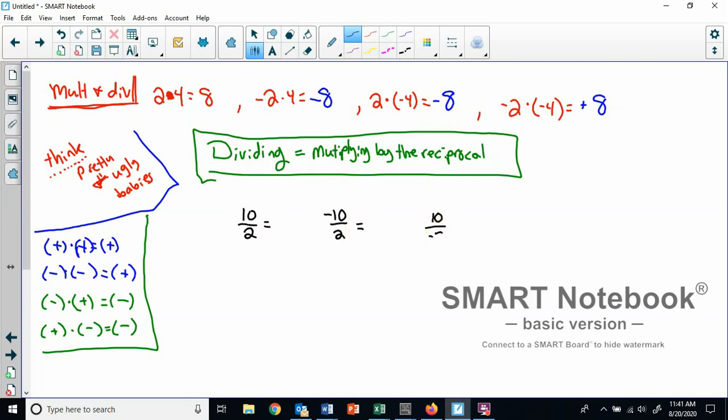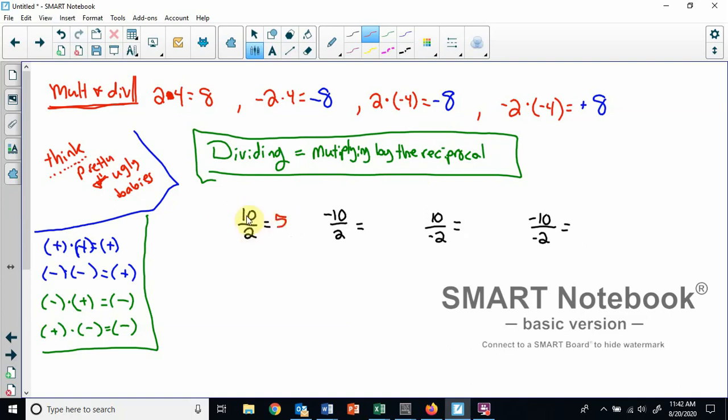Because the same ugly and pretty baby rules will apply to multiplying and dividing. The reason is because dividing is multiplying. We will talk about why it is multiplying by the reciprocal much later in the course, and it will be a big point.